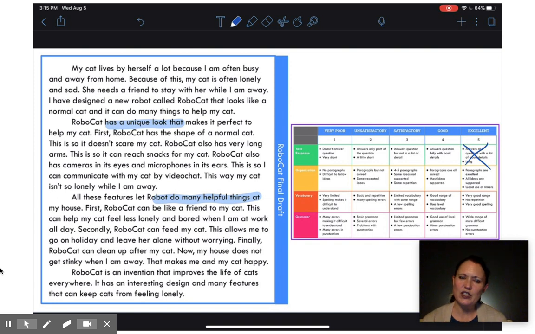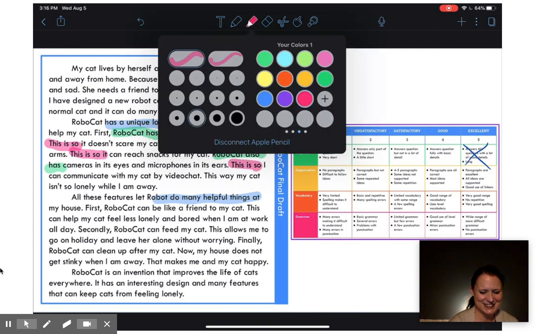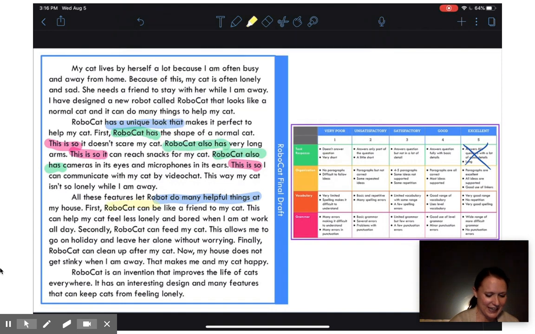The last thing I want to look at, though, is do I use a good range of linkers? And this is one area where I think my RoboCat essay maybe needs some work. Most of my sentences start with "RoboCat has, RoboCat has," or "this is so, this is so," or "RoboCat can."